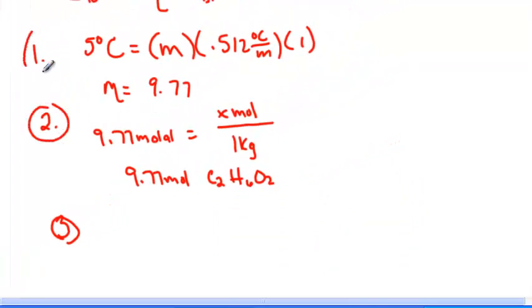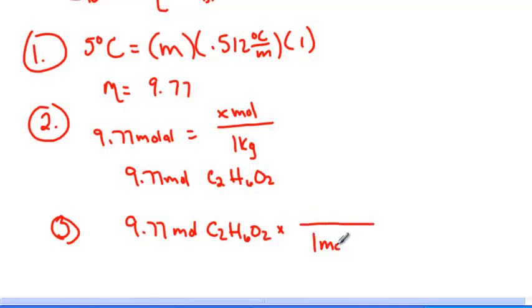Step 3, 9.77 moles of our solute times our molar mass. So we have for every 1 mole, how many grams? I think I might have added that earlier. 12 times 2 plus 6 plus 32.